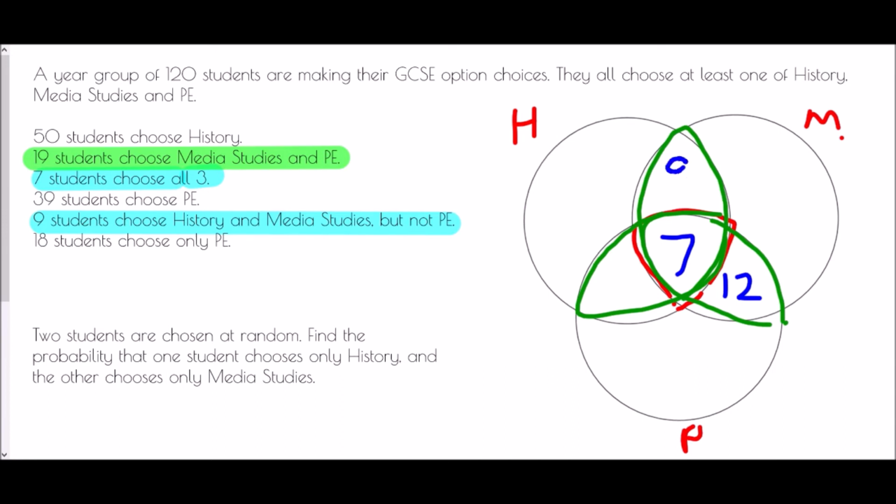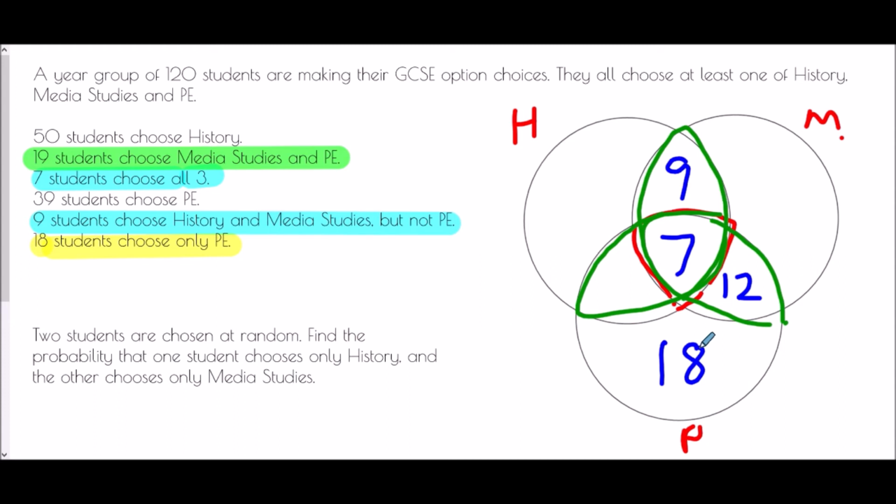So there we have 9 students. We are told also a pretty straightforward piece of information, actually the very last line, that 18 students choose only PE. So we can add that piece of information. 18 students only choosing PE, they must be in the circle on their own.